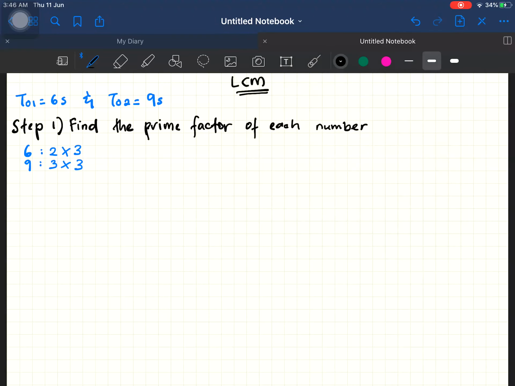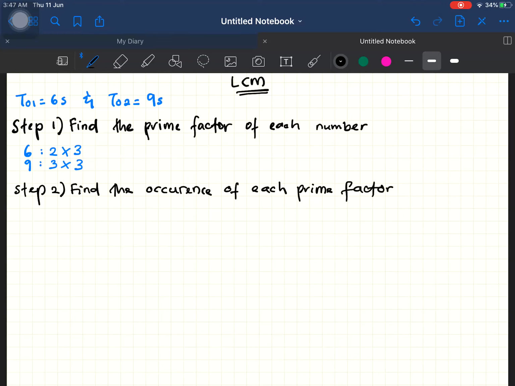Step 2, you need to find the occurrence of each prime factor. In this case you have prime factors of number 2 and number 3, and you want to find the occurrence.